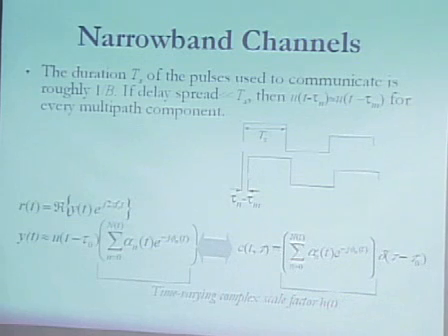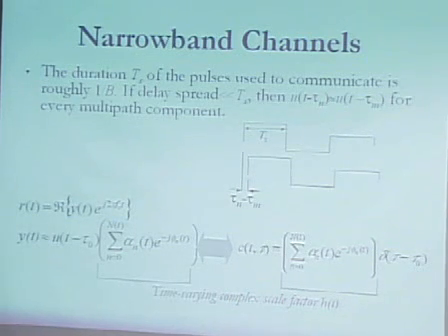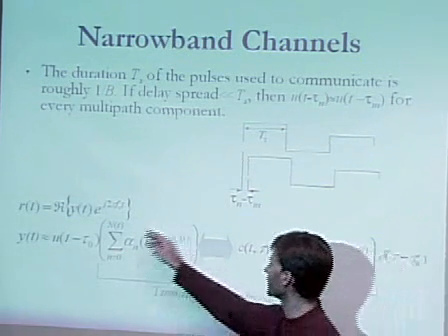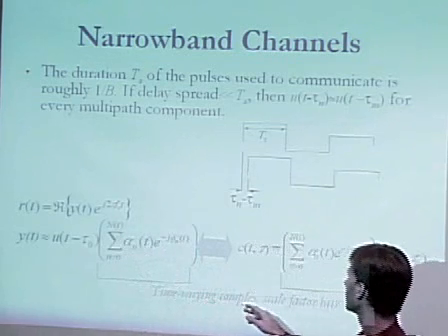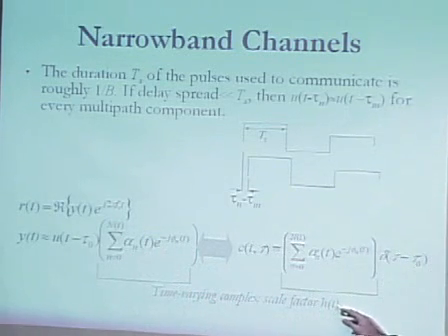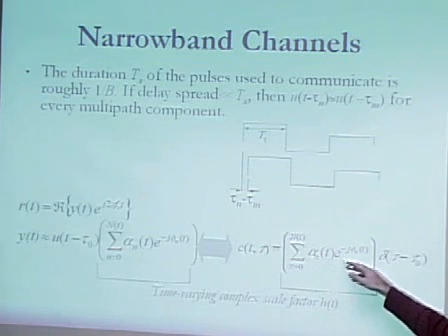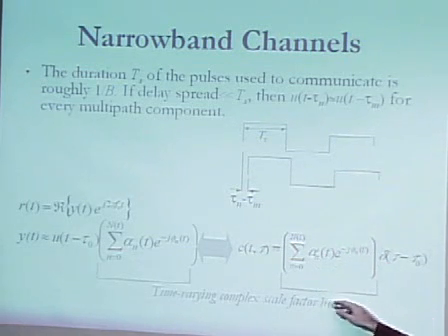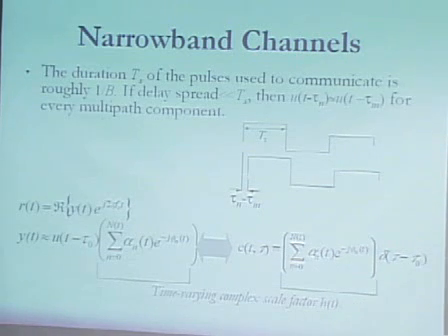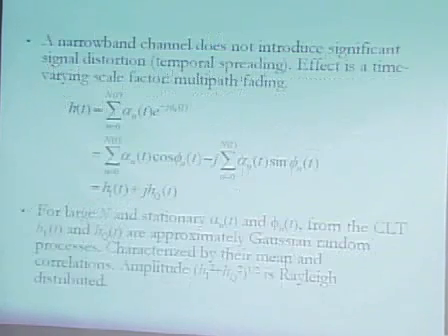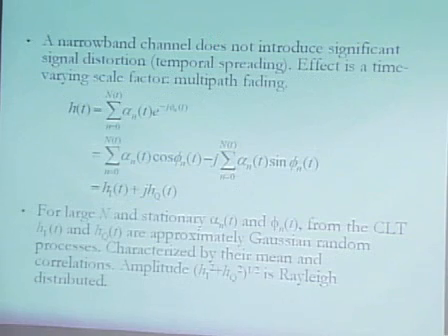Okay, so now we're going to call this coefficient, the summation in brackets here, h of t. So the sum of alpha n of t times e to the minus j phi n of t, we'll call this h of t. Okay. So we found that a narrowband channel does not introduce significant distortion in the shape of the signal.